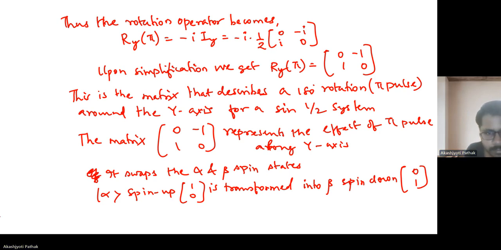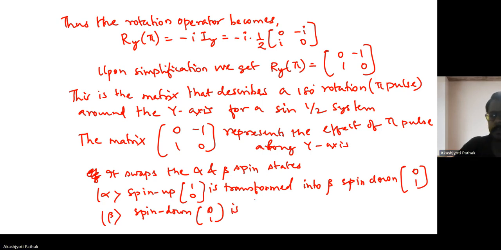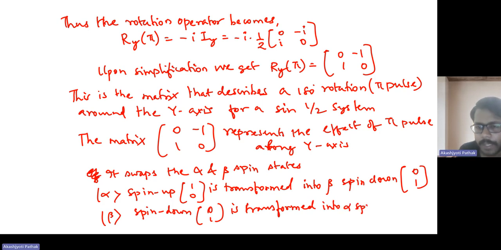And this beta spin-down state, [0 1], is transformed into alpha spin up, that is, [1 0].